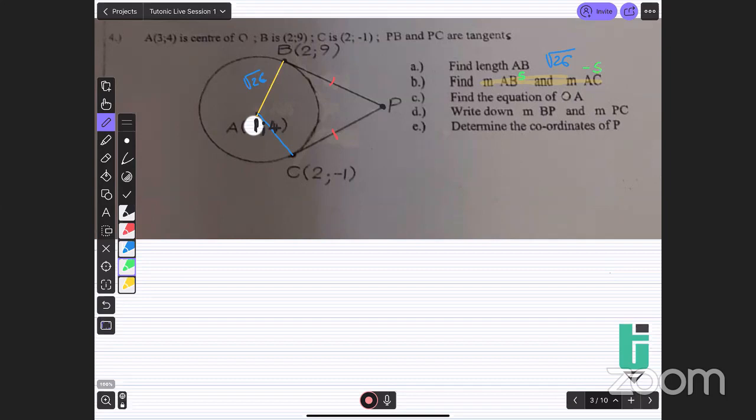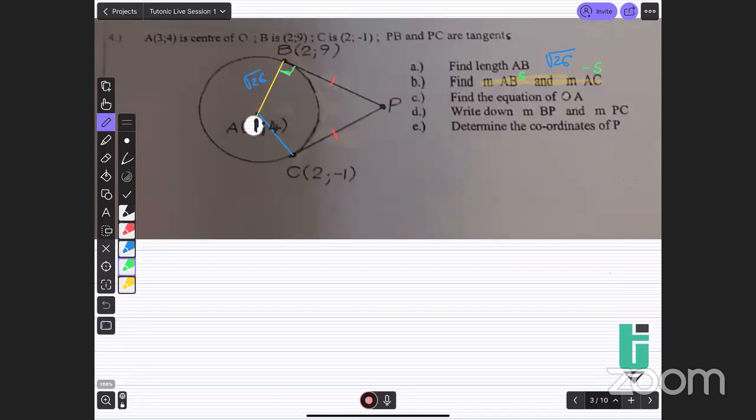So can you work out the gradient of this and this? Of BP and PC? Yeah, you can. How? You'll just flip it and change the sign, because they're perpendicular.